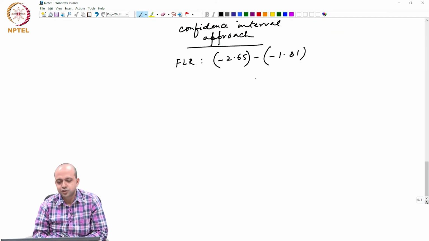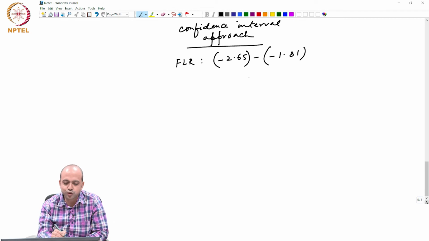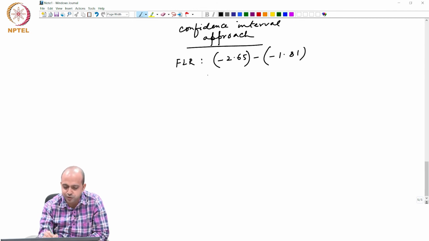Okay. So, that means we can easily understand this particular interval does not capture the hypothesized value of the population parameter. What was the hypothesized value? Beta 1 we have hypothesized is 0. So, this interval does not capture 0.